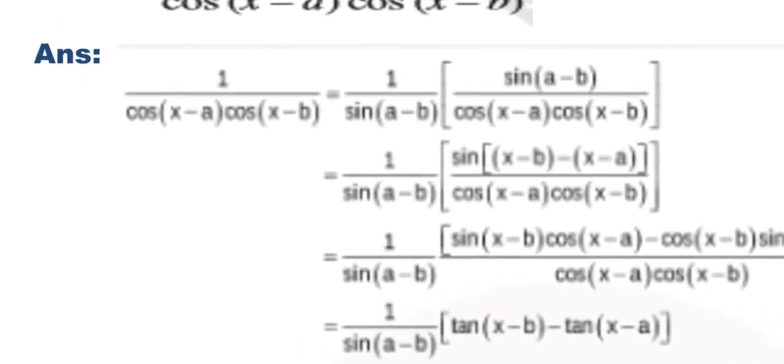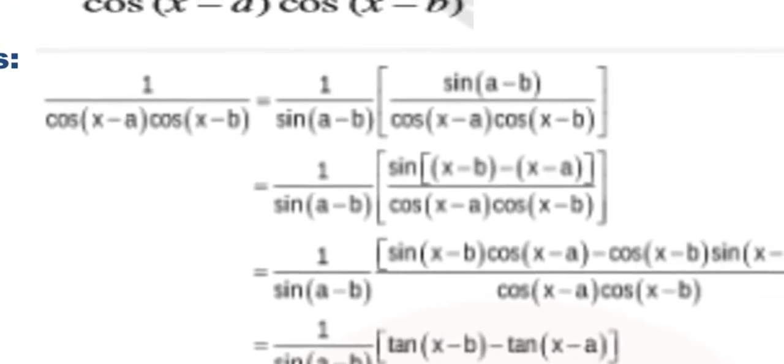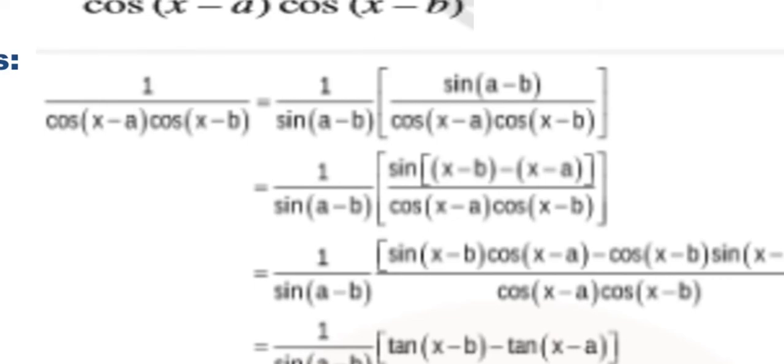So it will form like this. When we multiply by sin a minus b, we can write a minus b as x minus b minus x minus a. So if we remove the bracket, you can see that x gets cancelled and it will be a minus b.